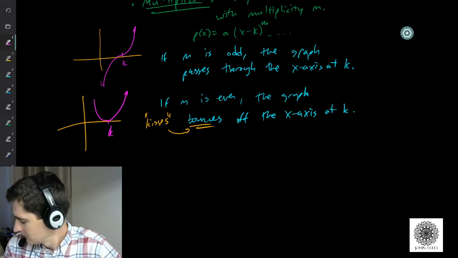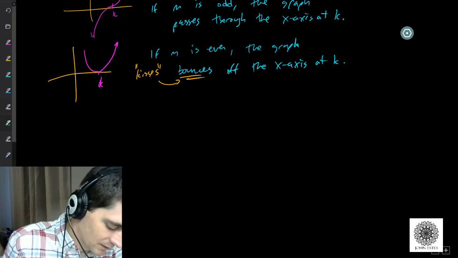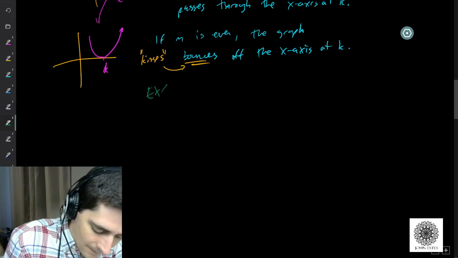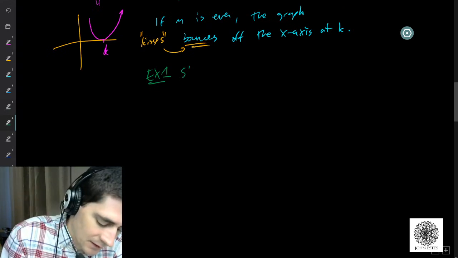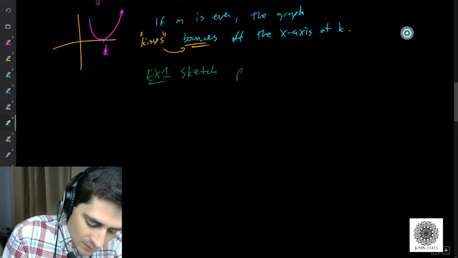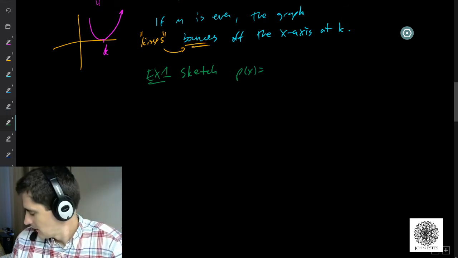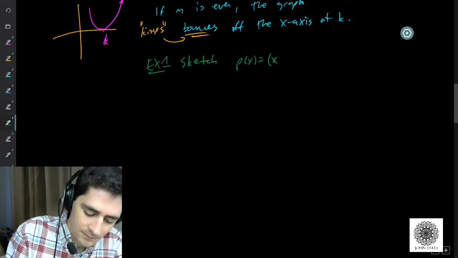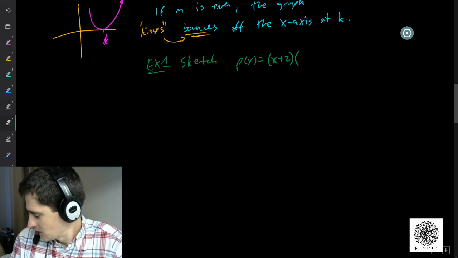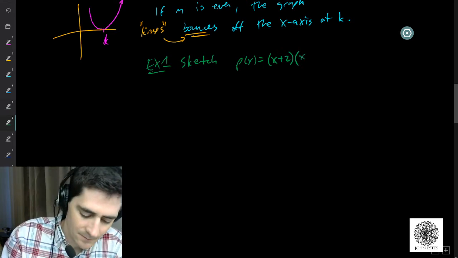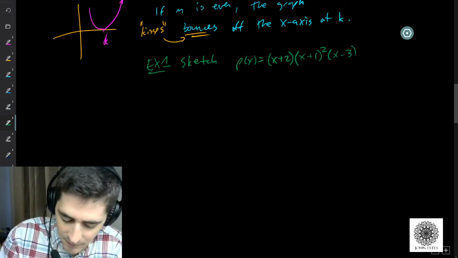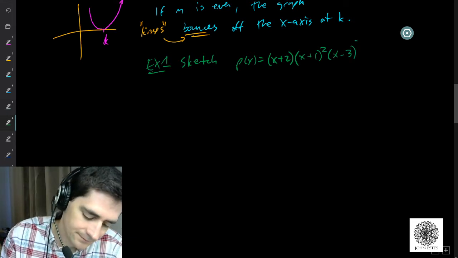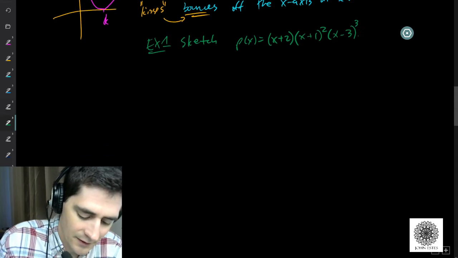For example, we're going to graph a polynomial, and this is example 1 in the text. It says sketch a graph of the polynomial. So let's say sketch p of x, which is x plus 2 times x plus 1 squared times x minus 3 cubed. All right, we're trying to graph this polynomial.